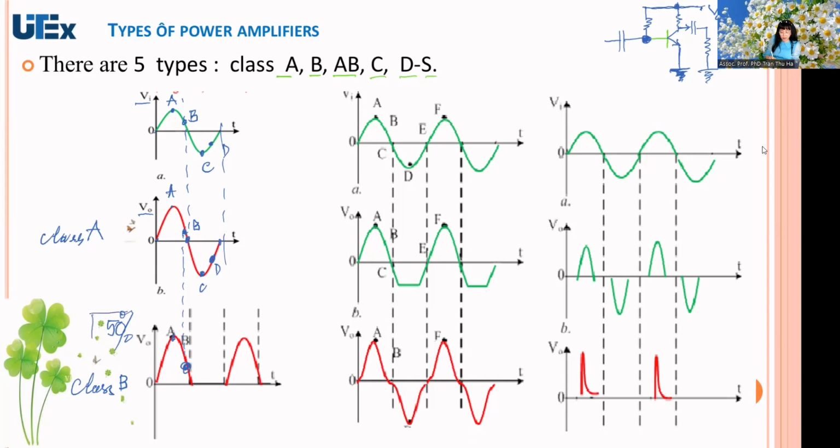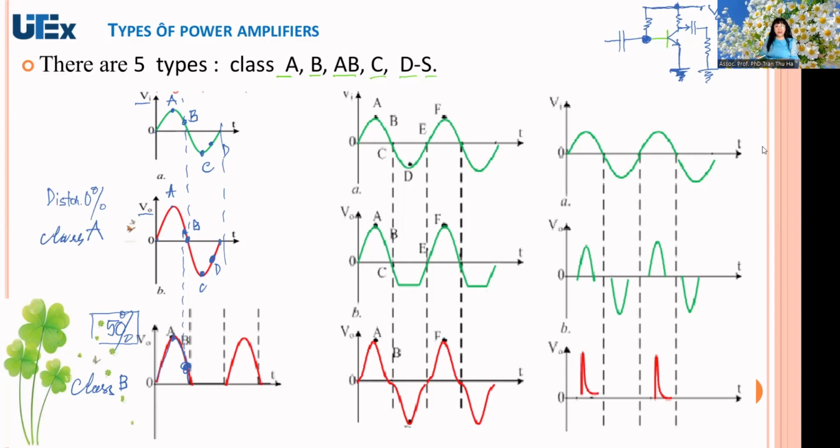This portion is called 50% distortion. Here, no distortion, zero distortion. And in class B, the output voltage has only a half sine wave. We call this class B.